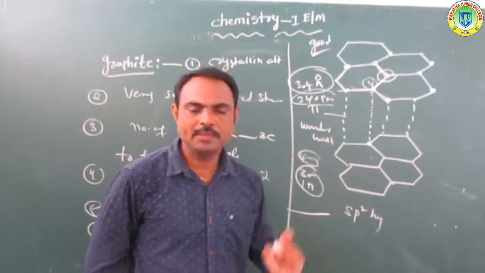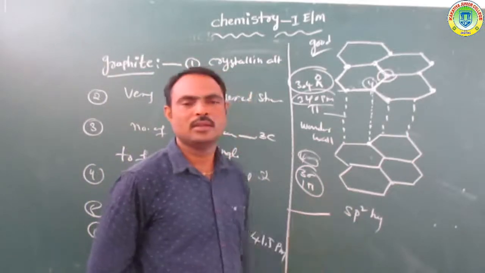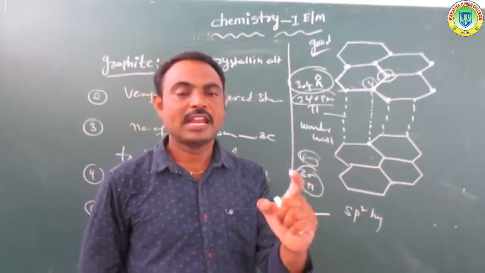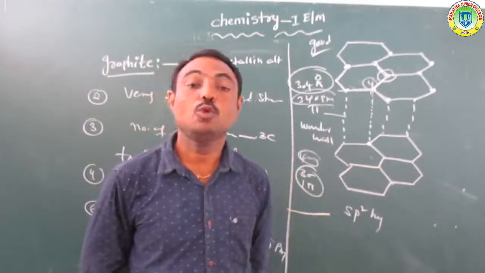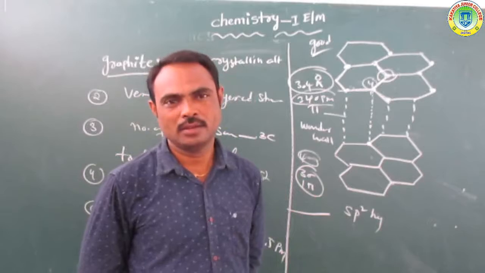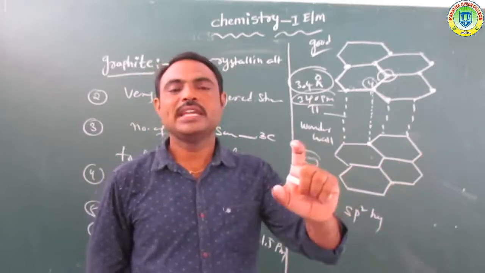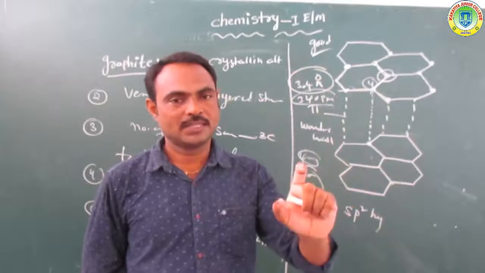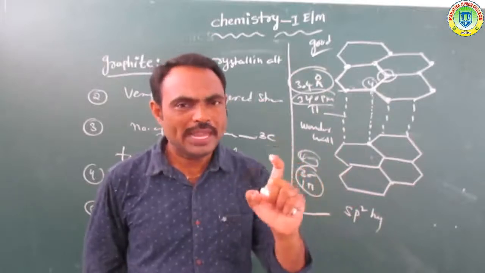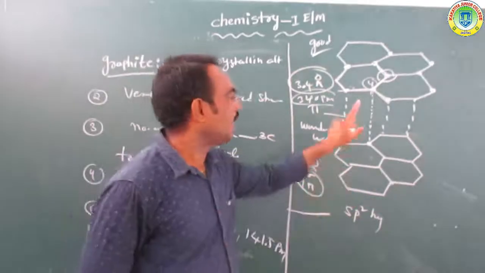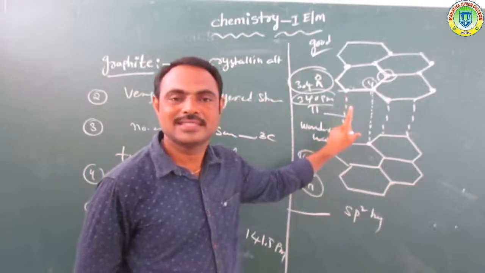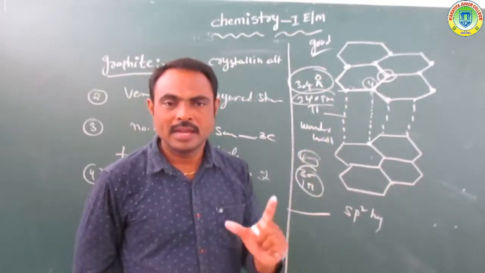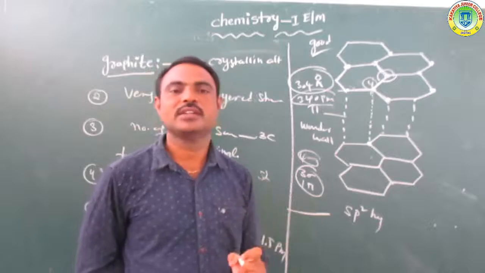At the same time, another question is there. Graphite acts as a lubricant, where lubricant is used for different vehicles, old vehicles. Graphite acts as a lubricant because graphite is layer structured.